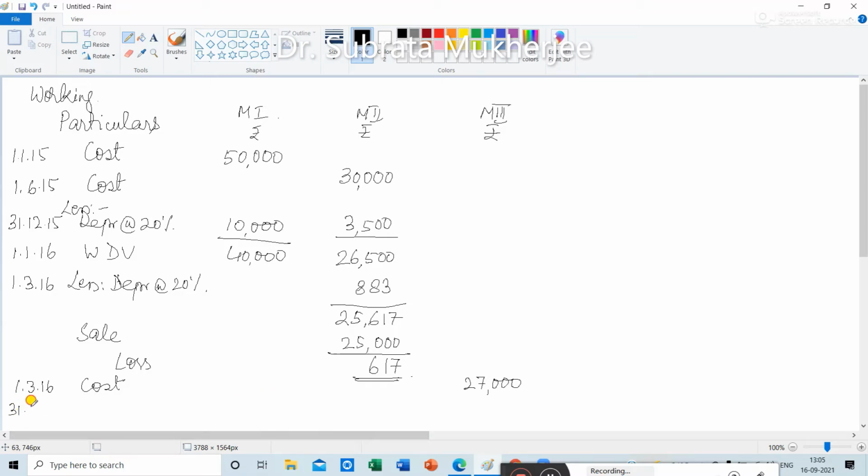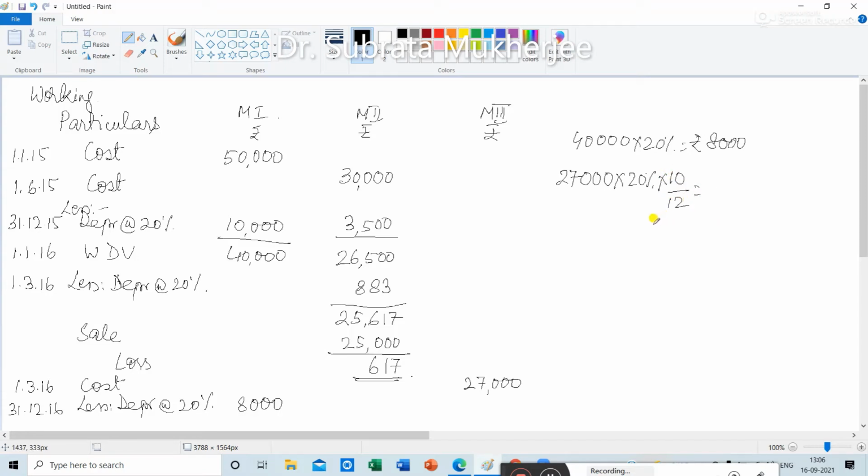So on 31st December 2016, I charge depreciation at the rate of 20%. On M1, this will be 8,000; 40,000 into 20% will give you rupees 8,000. And on M3, this will be 27,000 into 20% into 10 by 12.